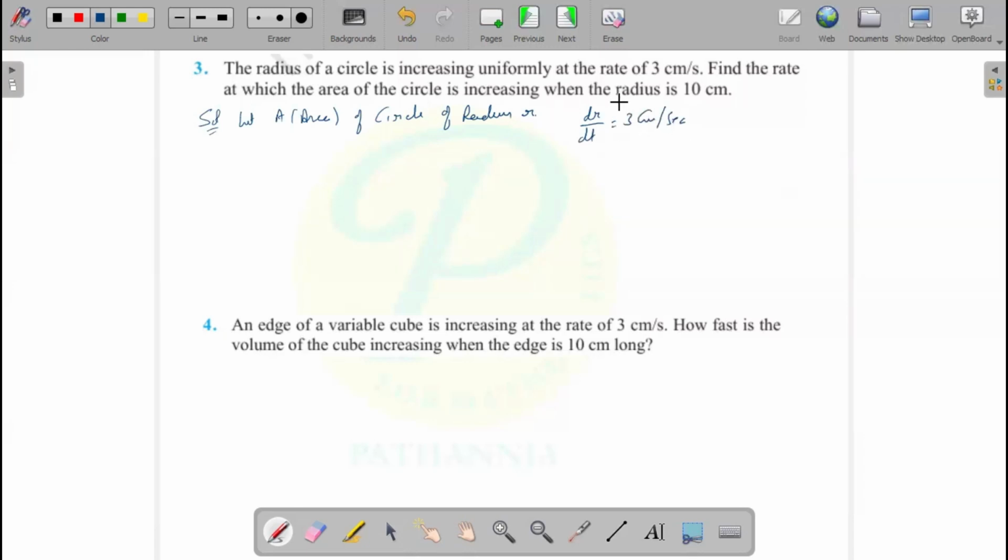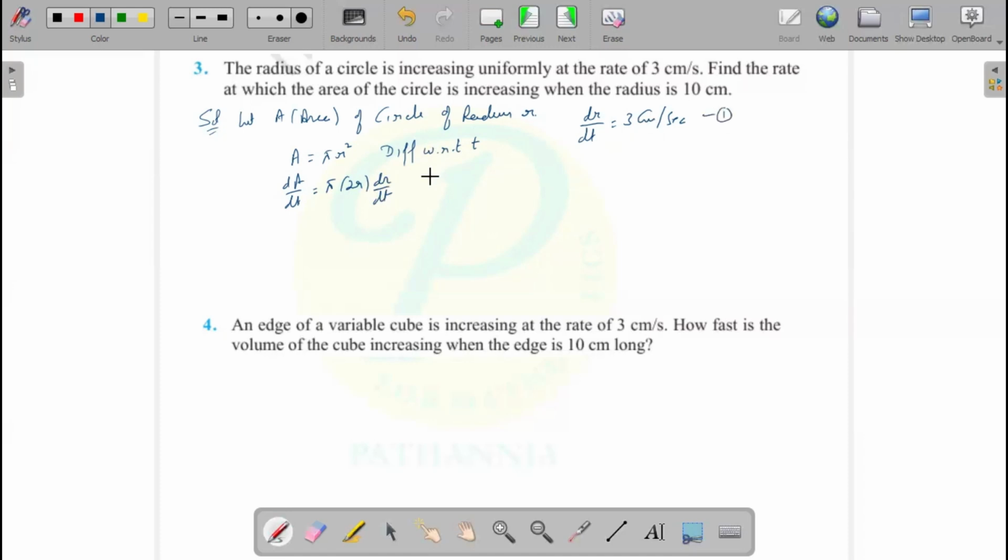So therefore I write down dr upon dt. Area of a circle is pi r square, and the area of a circle is increasing, so that means you differentiate with respect to time. So dA upon dt, the differentiation of r square is 2r, and then the differentiation of the base.